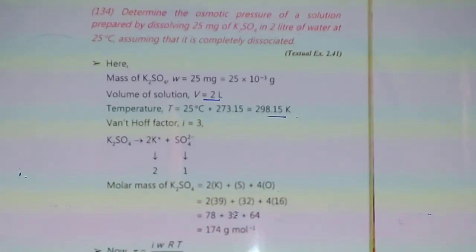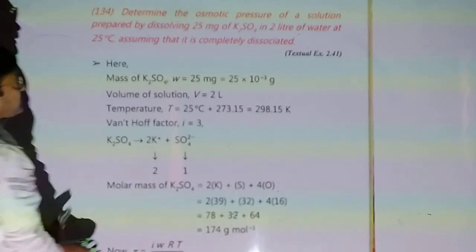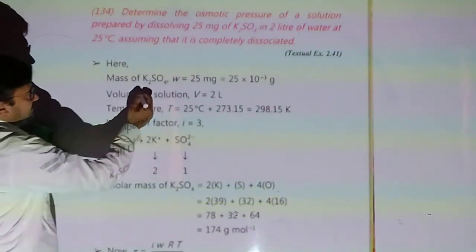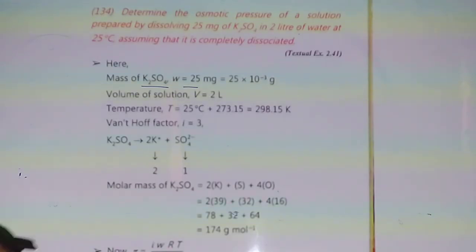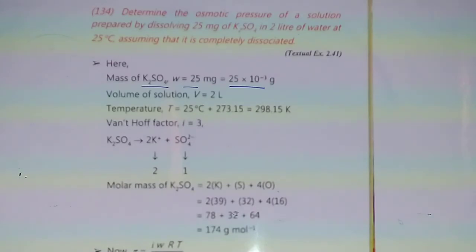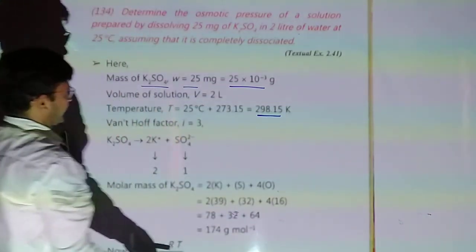Now here, determine the osmotic pressure of solution prepared by dissolving 25 mg of K2SO4 in 2 liter of water at 25 degree, assuming that it is completely dissociated. Mass of K2SO4 25 mg. We convert into gram, 25 into 10 raised to minus 3. Volume is 2 liter. Temperature 25 degrees, so 298.15 Kelvin.